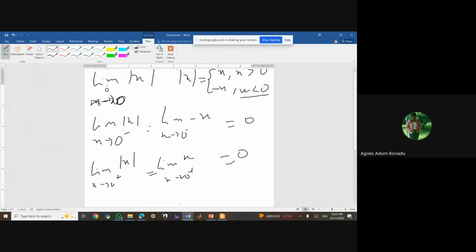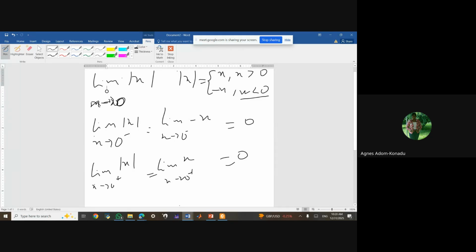The main question is to find the limit as x approaches 0 of the absolute value function. I've found the limit as I approach from the left, I get 0. Then I've found the limit as x approaches 0 from the right, and this is also 0.